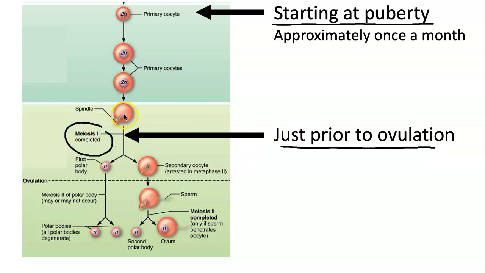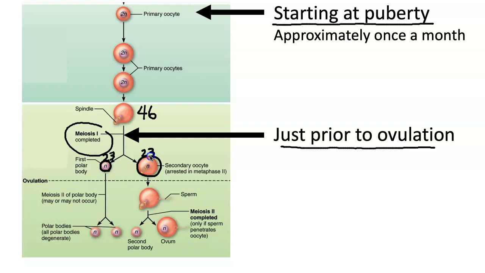So the one cell that has 46 chromosomes is going to divide into two cells that have 23 chromosomes each. Genetically, these two cells have the same number of chromosomes, but notice that the division of cytoplasm is really unequal. It looks like this cell hardly got any organelles or cytoplasm, and this cell got them all.